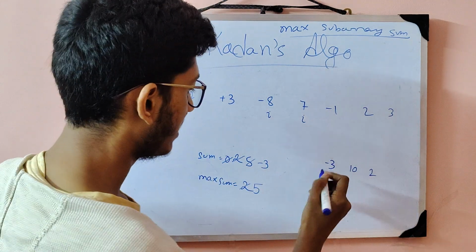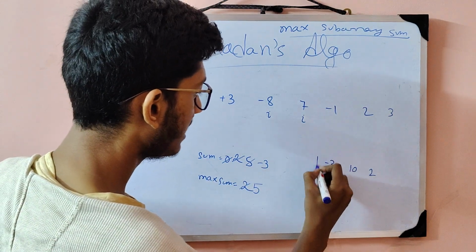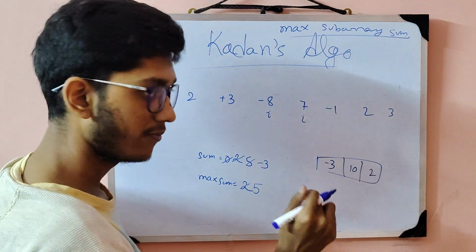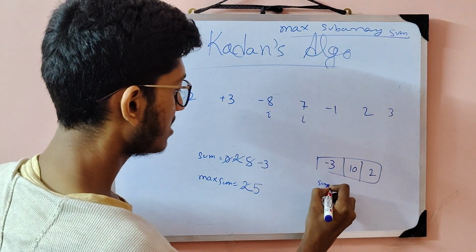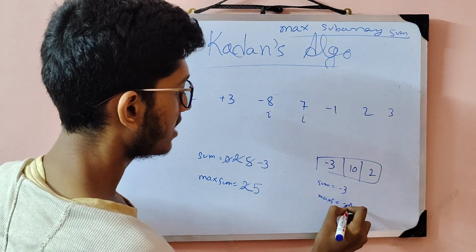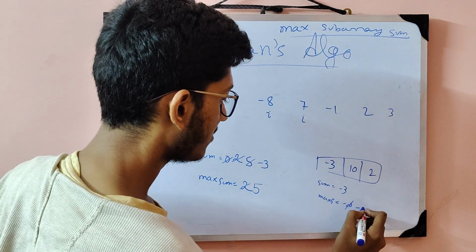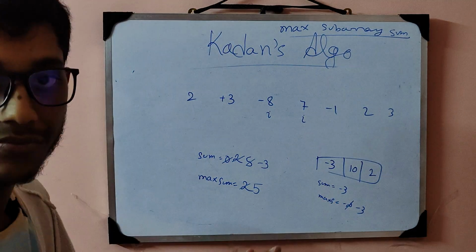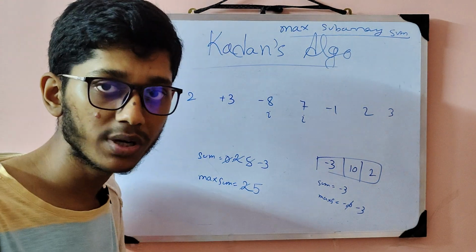Look at this example. What will be the maximum sum? 12. And here my sum is minus 3 at first, and max sum is minus infinity. Minus 3 is greater than minus infinity, so sum is minus 3. But for the next iteration, I don't want to carry it.